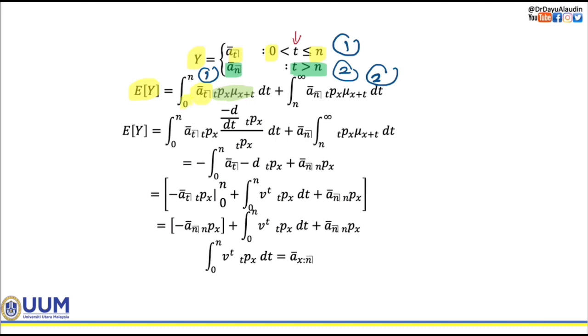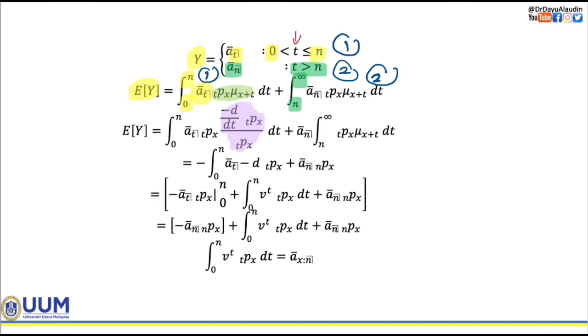The first one is 0 to N, and for the case where the death happens after N years, it is N to infinity. Then we simplify this integration. Mu x plus t can also be written in terms of tpx, the negative differentiation of tpx over tpx. We covered this in chapter 1.